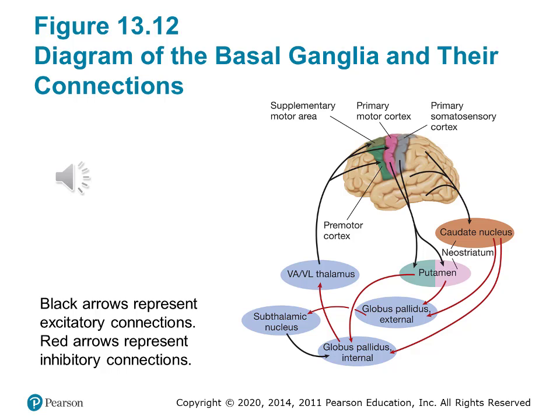First, from this illustration, you can see that the neostriatum consists of the caudate and the putamen, and this receives sensory information from all regions of the cerebral cortex, the primary motor cortex, and the primary somatosensory cortex. These are shown in the illustration as excitatory connections. The outputs of the caudate nucleus and the putamen are sent to the globus pallidus, and those function as inhibitory connections.